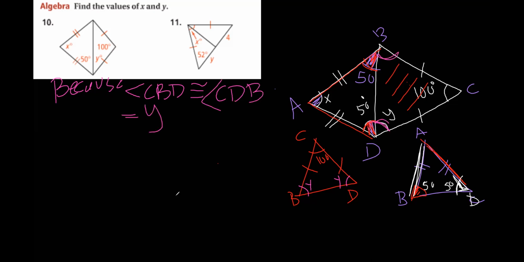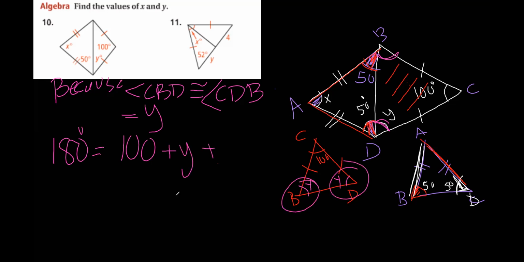Let's name them Y. And in the red triangle, the summation of the angles is 180, which is 100 plus Y plus Y. Is it right? Yes, teacher. Y plus Y.